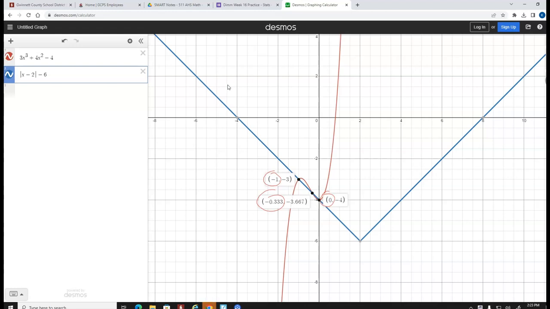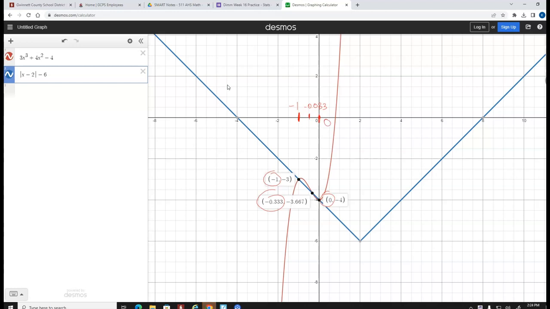The largest solution, so again, you talked about the point right here, which is negative 0.33. You have a point right here, which is, I'm sorry, this is -1. This is negative 0.33. And now the next point is going to be at 0.